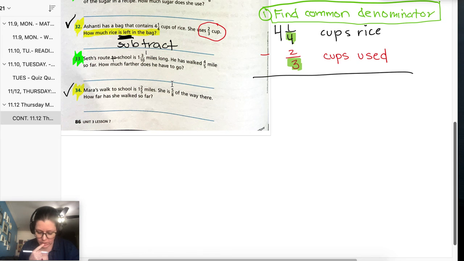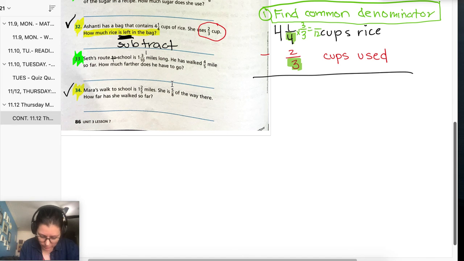And now that I'm thinking about it, 4 times 3, the smallest common denominator is probably just going to be 12. So 4 times 3 is equal to 12. And if I multiply the bottom by 3, I need to multiply the top by 3.